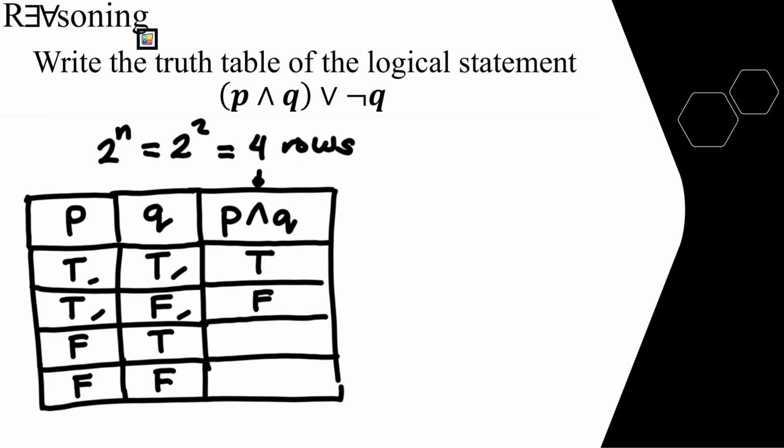Same with the third, this is false, even if this is true, you will have here false. And finally, for our fourth row, both statements are false, so if you combine them into a conjunction AND, obviously the result is still false. This is the result for P and Q.